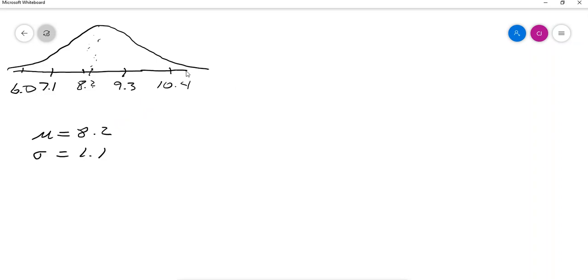You'd say, well, it surely doesn't look like it, because even if I go up another 1.1, to 11.5, there's hardly anything left out there on this curve. So if I bought this TV with a mean of 8.2 years, it pretty much isn't going to last. It'd be pretty rare, because it'd be way out here somewhere.